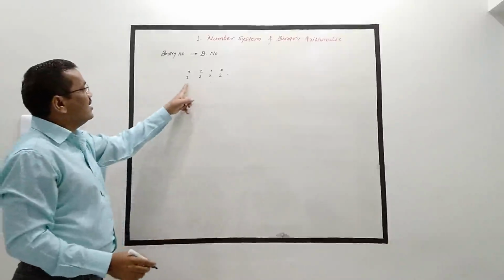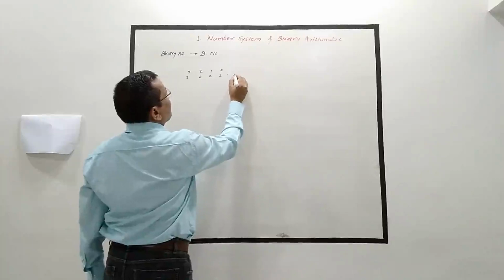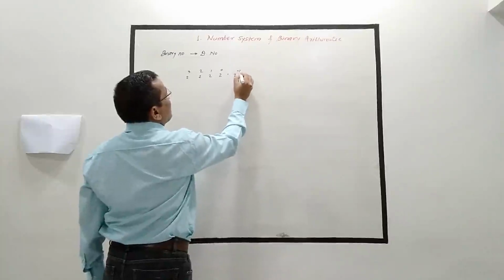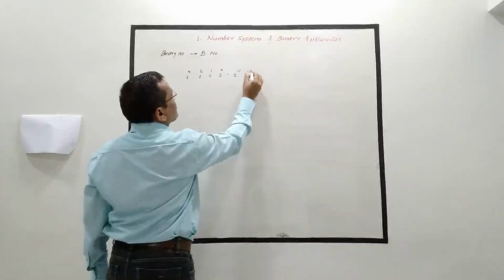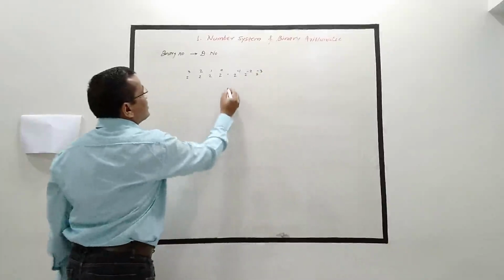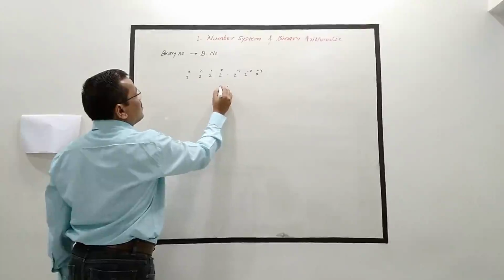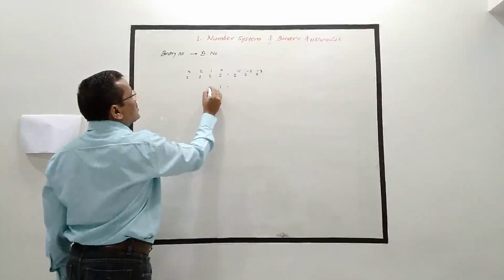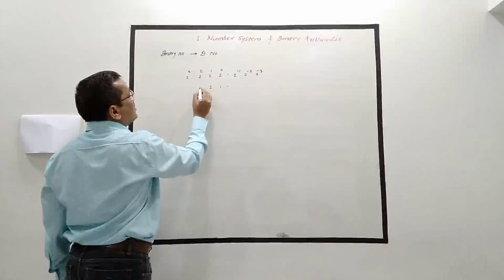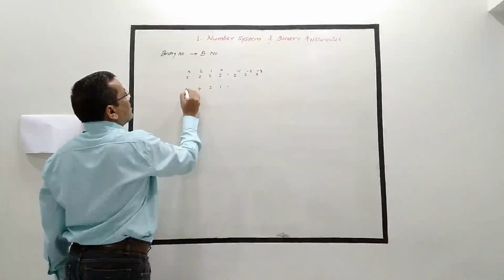So this is the integral part. Now here 2 raised to minus 1, 2 raised to minus 2, 2 raised to minus 3. This is the decimal point. 2 raised to 0 is 1, 2 raised to 1 is 2, 2 raised to 2 is 4, and 2 raised to 3 is 8.